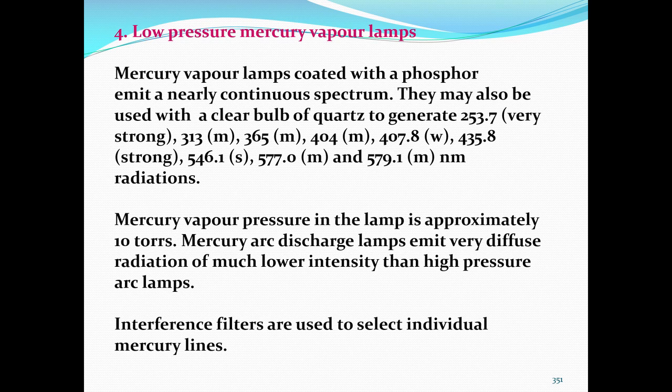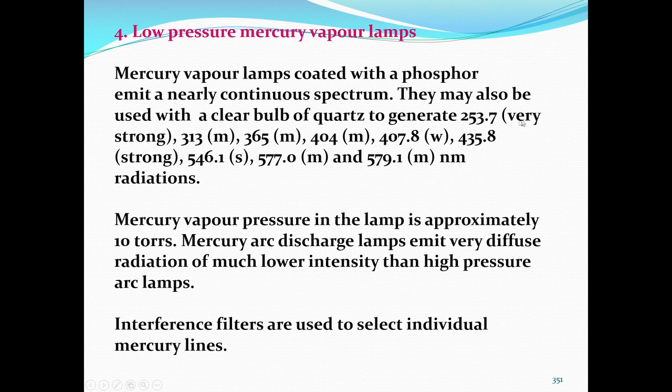If they can encase that in a quartz bulb, you can generate very intense lights corresponding to 253.7 nanometer, 313 nanometers, 404 nanometers, 407.8, and I have indicated the strengths of these excitation lines.